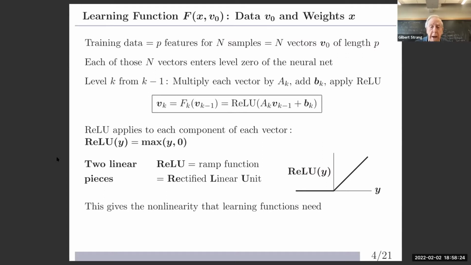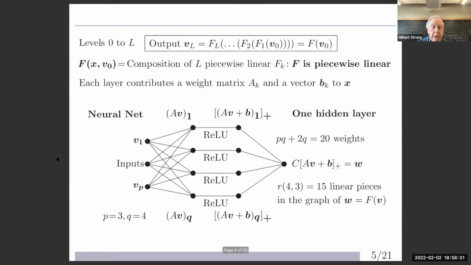in the neural net. So let's see a picture of the neural net, or part of the neural net, in the next slide. So here is only one hidden layer. The inputs are on the left, V1 to VP. Suppose we're trying to recognize a handwritten number, one of 0, 1, 2, 3, 4, up to 9, and we're trying to find which number it is.